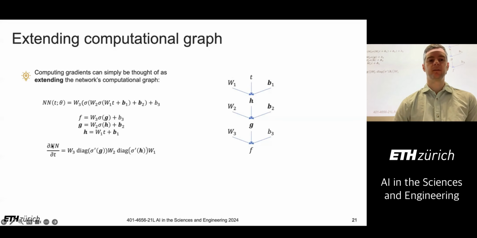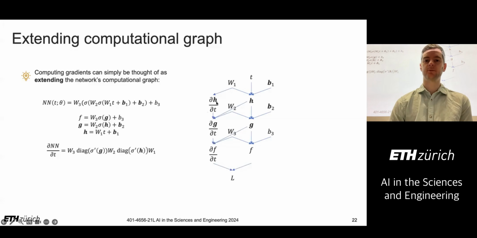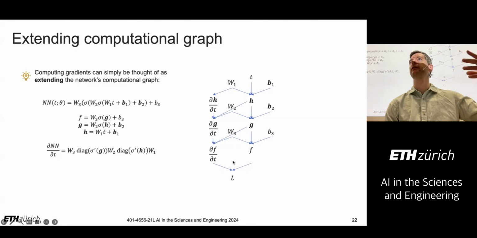So this gradient here, the derivative of the network with respect to time, is just some extra computation, which just extends this forward graph of the network. This derivative just depends on the activations G and H, and it passes them through some functions which are derivatives of the activation functions and multiplies them by weights. So we can just plot that as an extra part of our computational graph, which then allows us to compute the final output of the graph, which is the loss function.